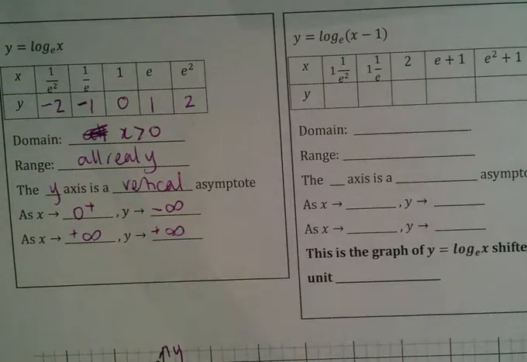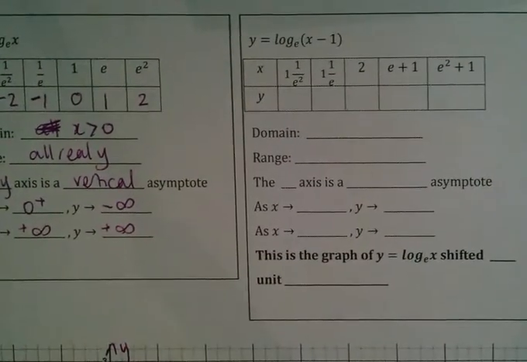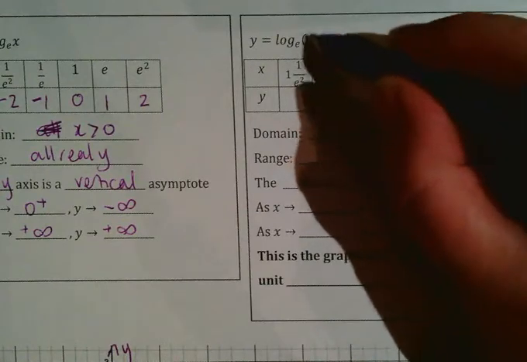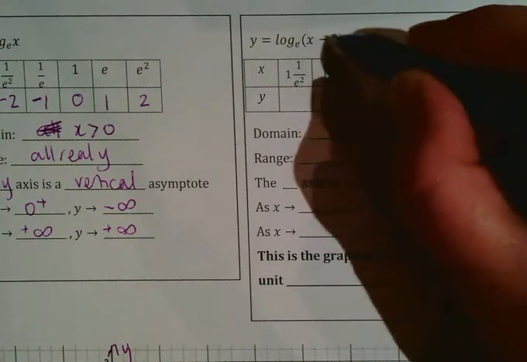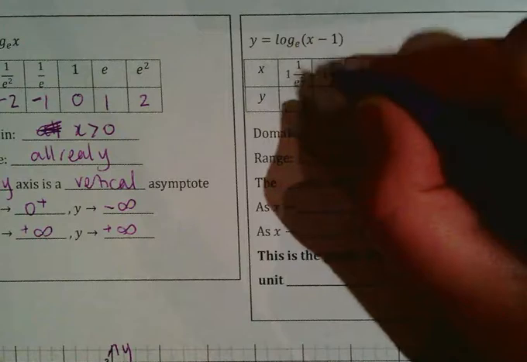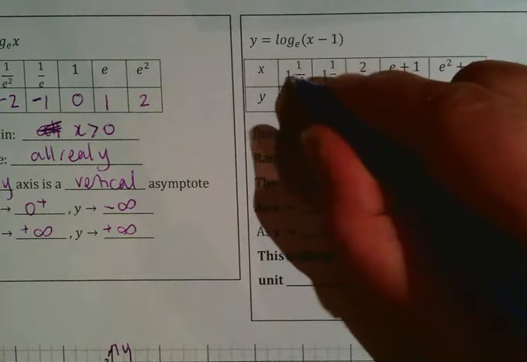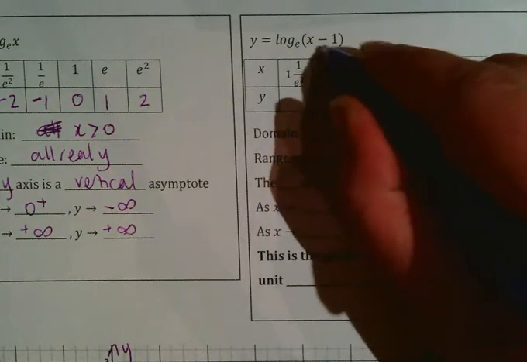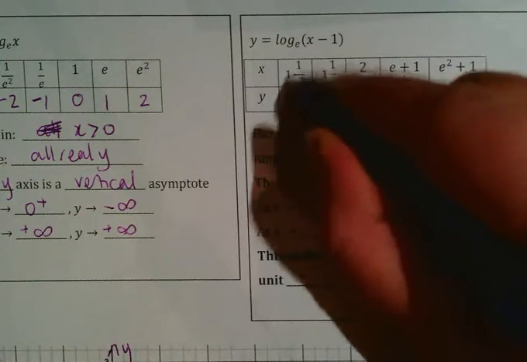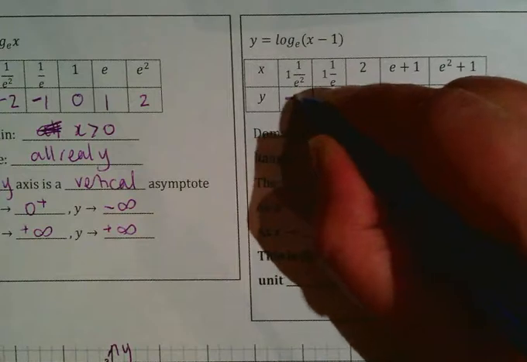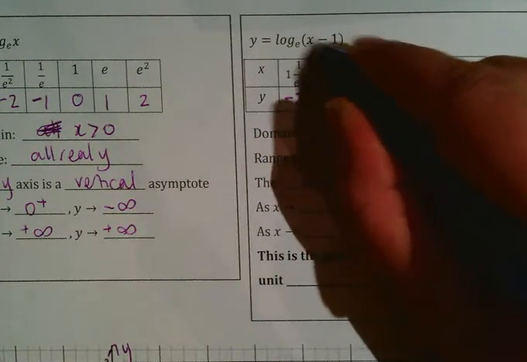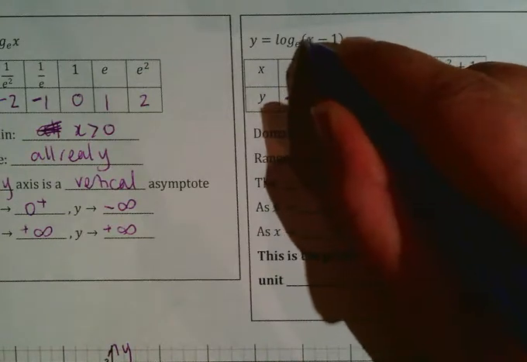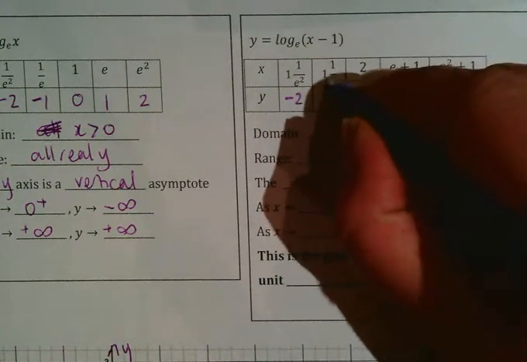You did this before. Now, log to the base e of x minus 1, we would think that this would be a shift. When the shift is in brackets with the x, it's a shift sideways, and it would be 1 unit to the right. So if you choose the values of x of 1 and 1 on e squared, take 1 away from that, it'll give you the same value as 1 on e squared, so this would become log to the base e of 1 on e squared, which is log to the base e of e to the negative 2, which is negative 2.